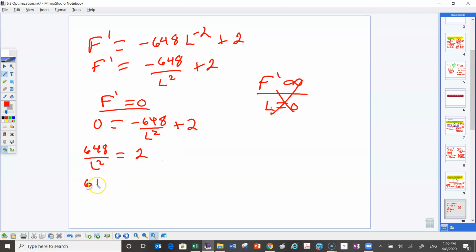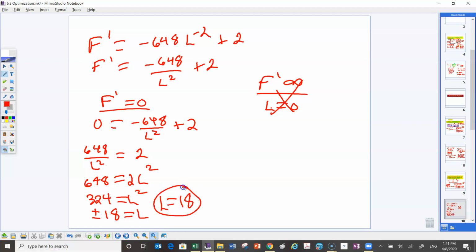Multiply both sides by L squared. Divide both sides by 2, and I get 324 is equal to L squared. And if I square root both sides, I will get plus or minus 18 is equal to L. Again, we can't have a negative length, so the only possible critical number that could be a minimum is when the length is 18.